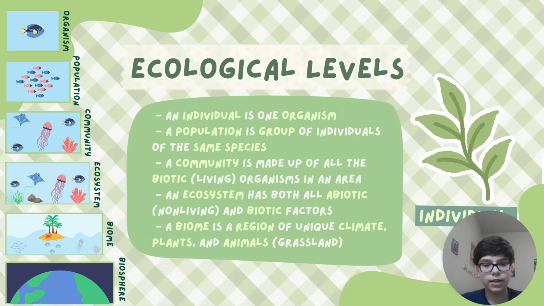It's based on the climate, the weather, the constant temperature of the area, the number of plants, the types of plants, and the types of animals that live there. Some examples could be a grassland, a tropical rainforest, a desert. Over there, I have an aquatic biome with a little rock on top of it, the very cool looking crop. But yeah, and then the biosphere, we talked about that on our previous slide.